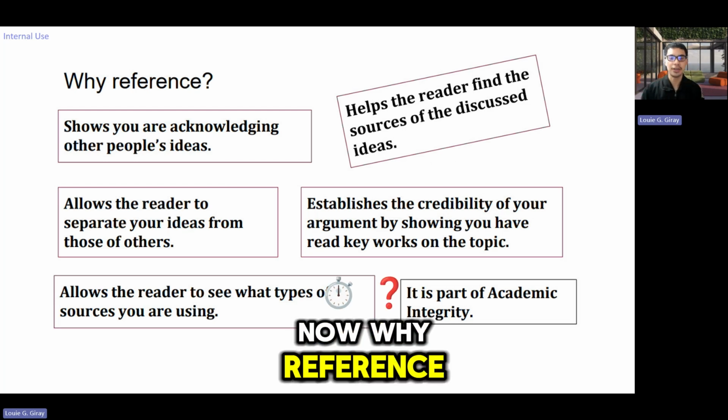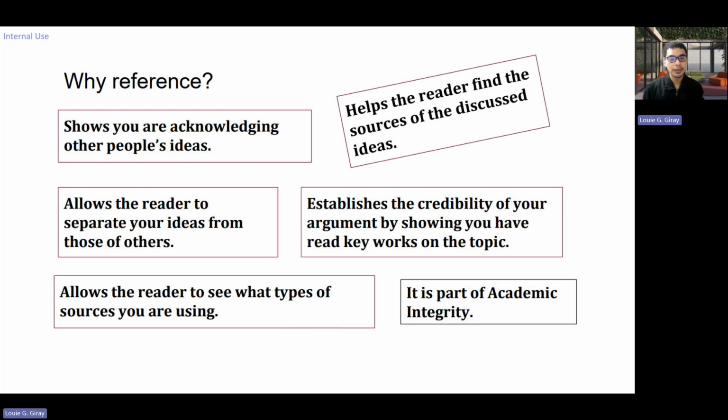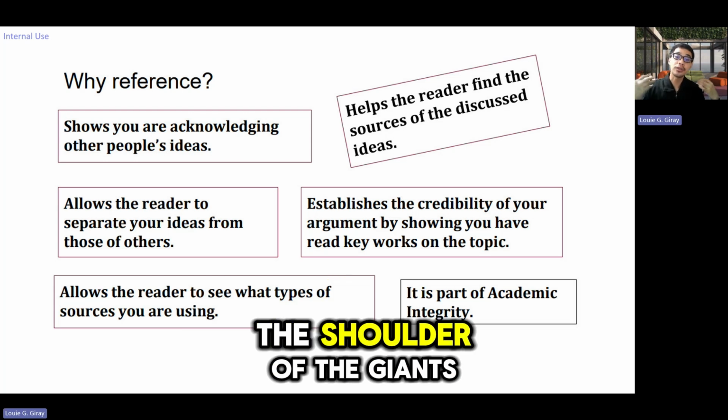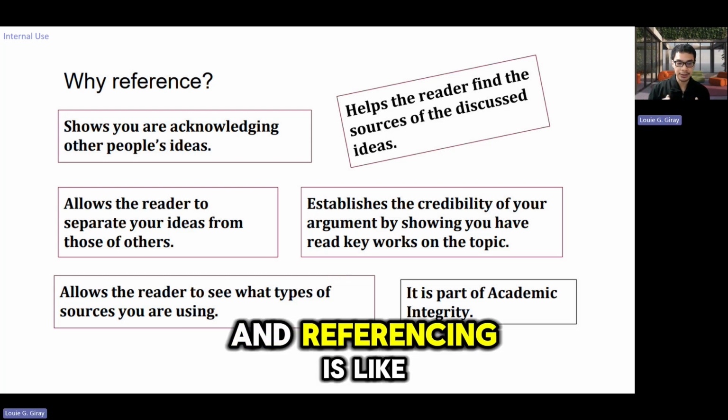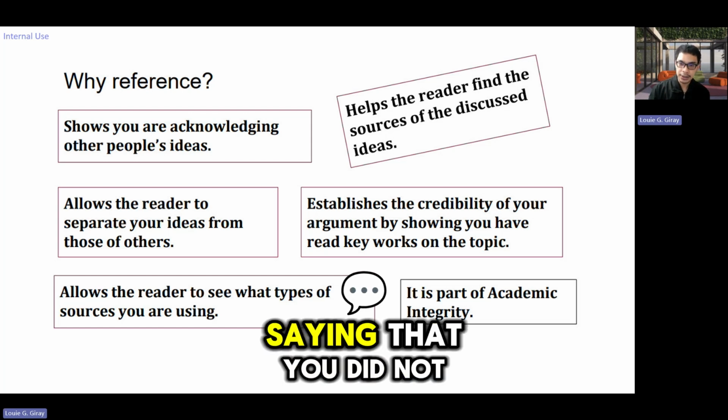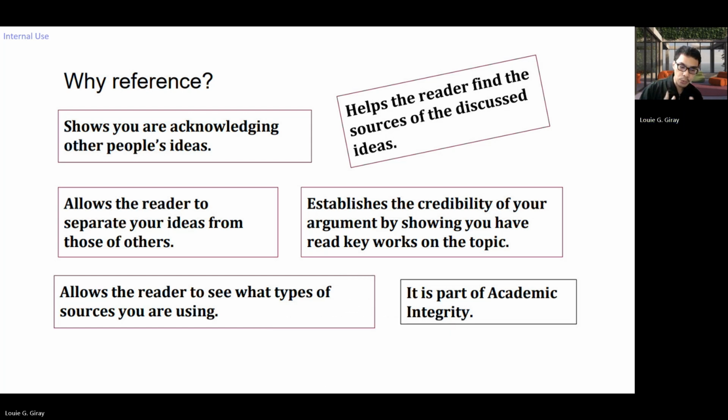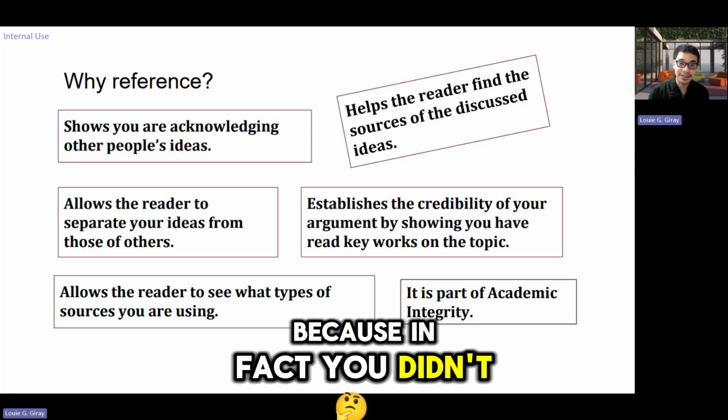Now, why reference? Simple. Because you're standing on the shoulders of giants. And referencing is like saying that you did not do this all by yourself. Because in fact, you didn't.